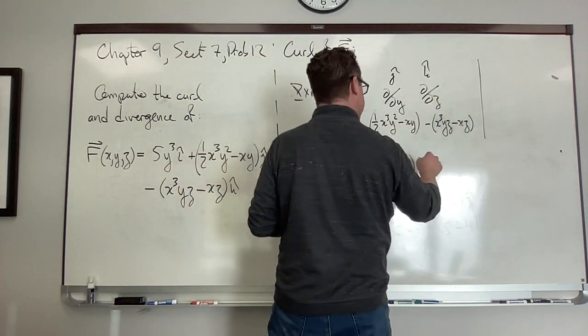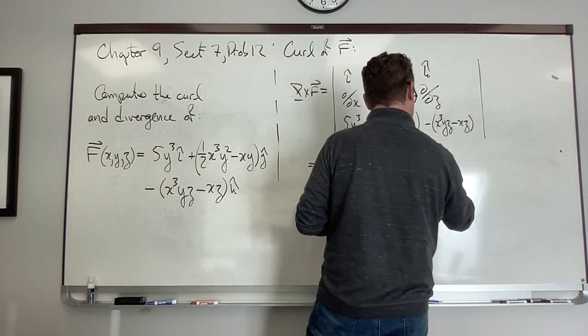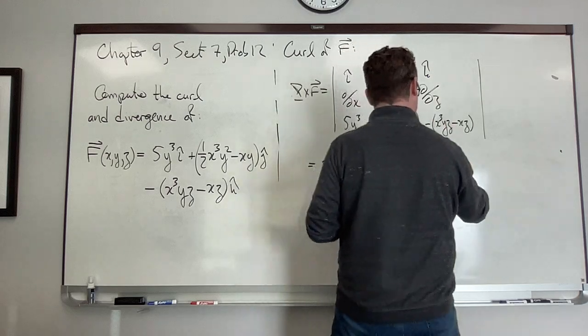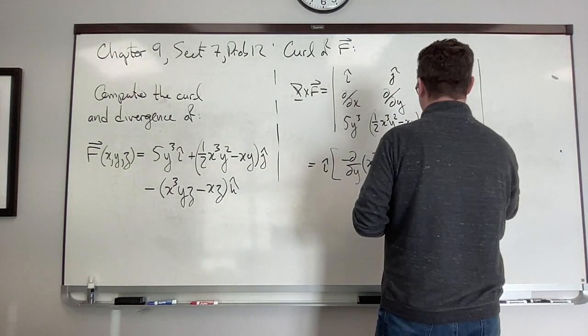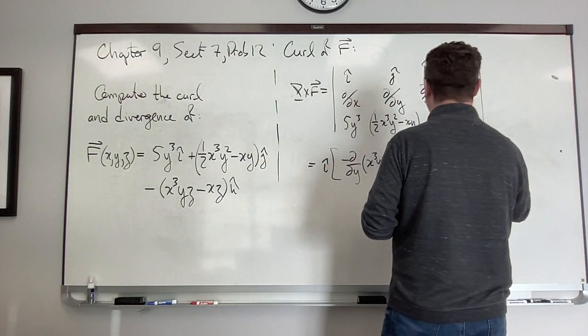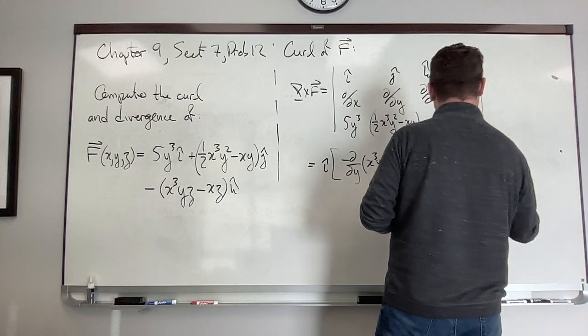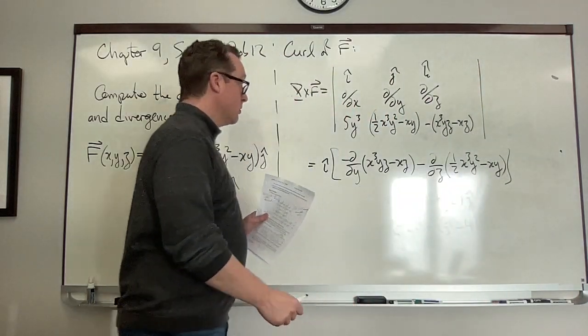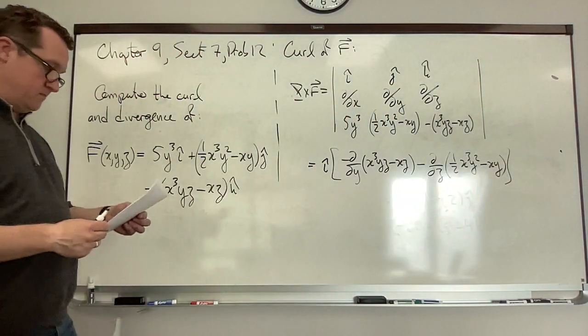And then we go minus ∂/∂z of (1/2 x cubed y squared minus xy). That is the first term of the curl.